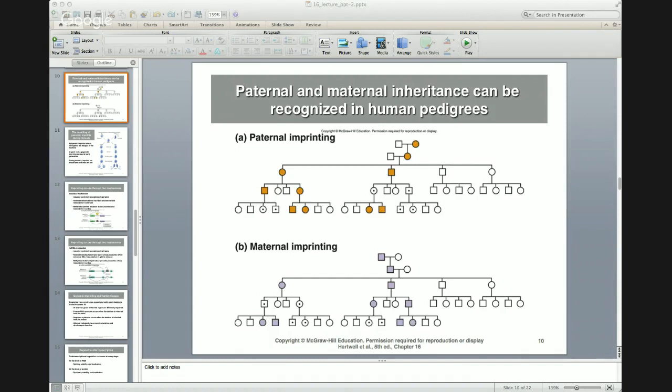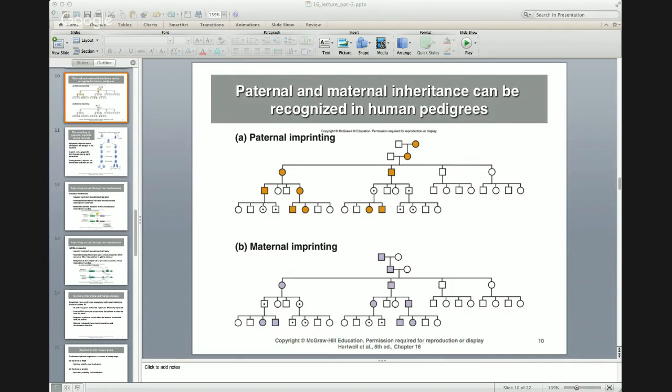That's the insulator mechanism. The other mechanism by which imprinting occurs is via an ncRNA. ncRNA stands for non-coding RNA.